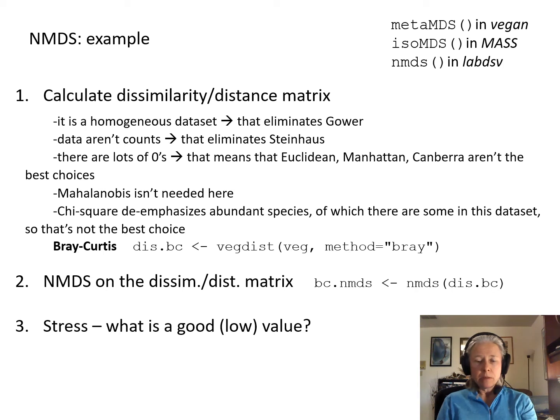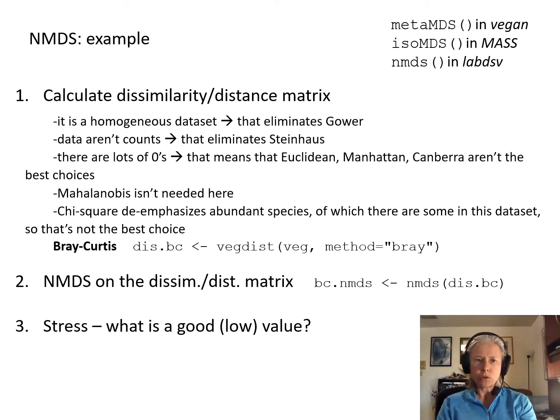And then you calculate the stress. Remember that every time you do NMDS, you'll get something different. In my case, the stress value was 19.27838. That's what I have in the online notes.